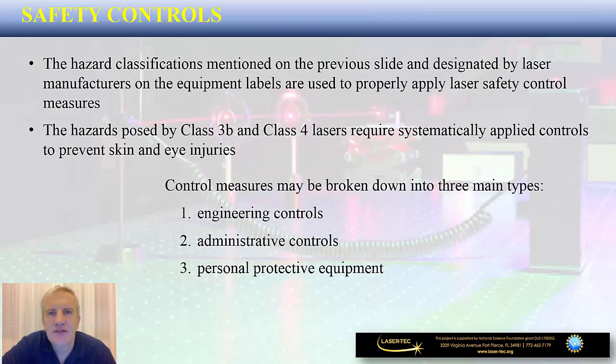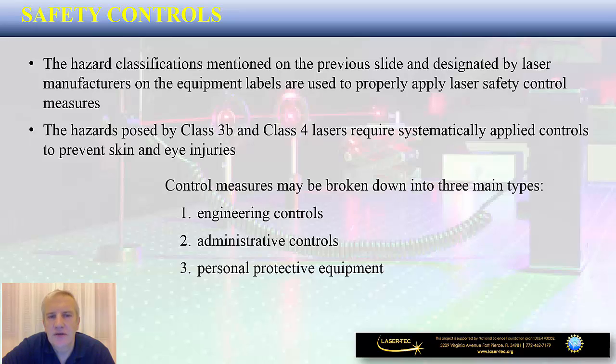Now that we have familiarized ourselves with the different safety classifications of lasers, we also want to talk about what type of safety controls would have to be established in a lab or in a space in which you're going to be operating class 3 and class 4 lasers.